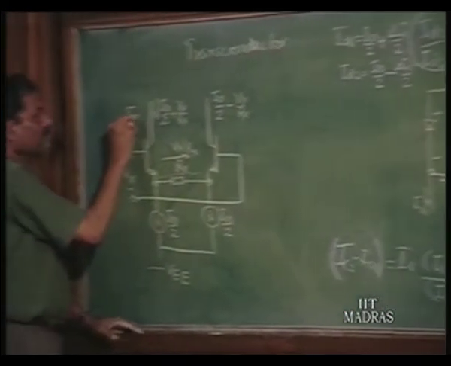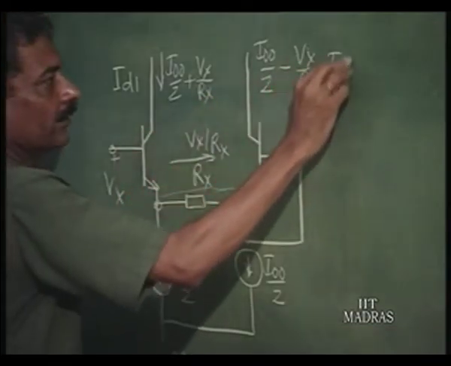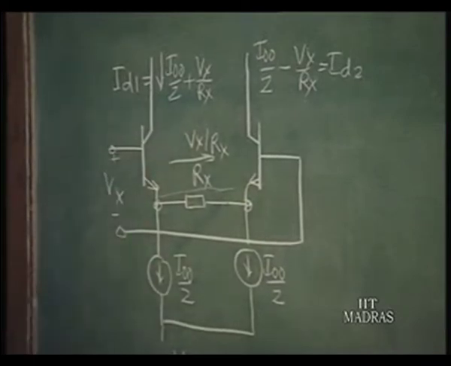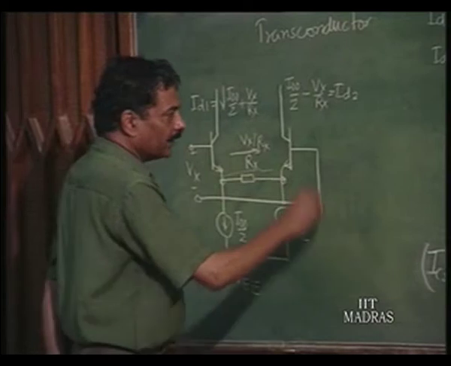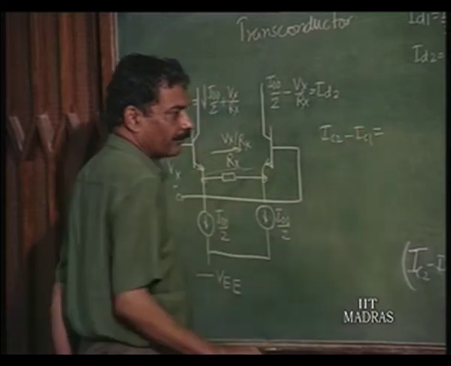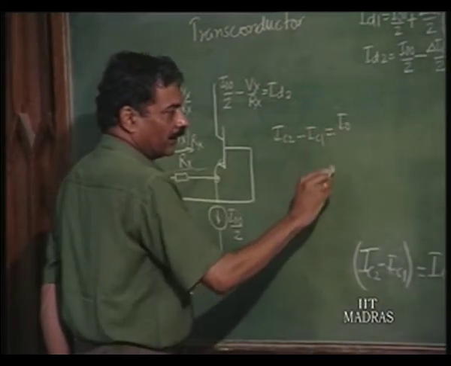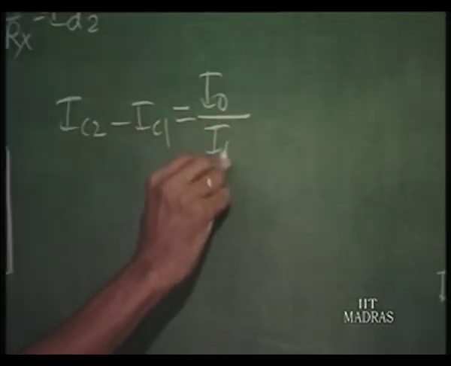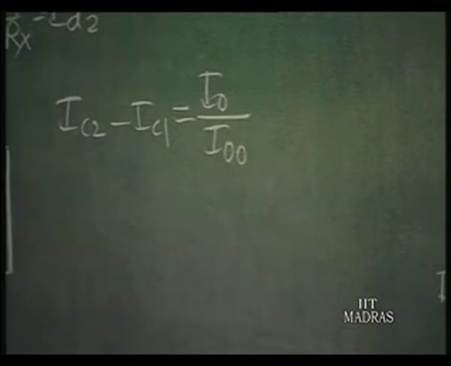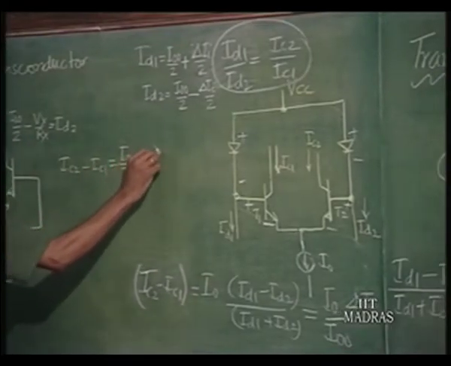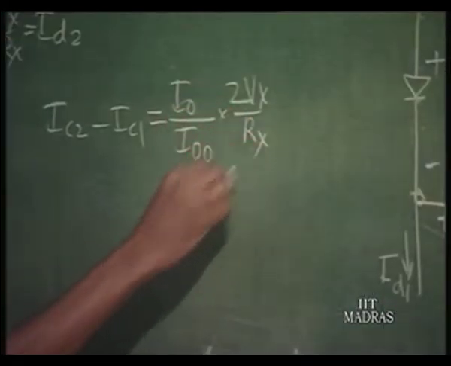So, let this be ID1 and this be ID2, inputs to this. Then what happens? We will now know that the output, which is IC2 minus IC1, equals I naught divided by I naught naught, because it is ID1 plus ID2 into delta II, which is nothing but twice Vx by Rx.